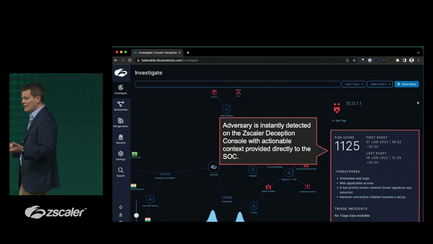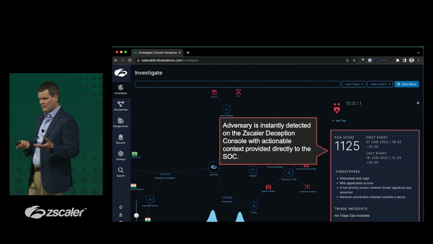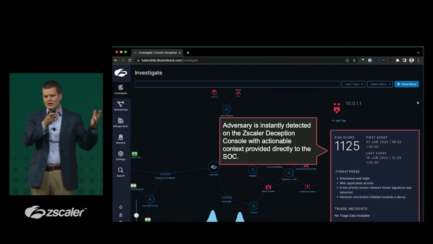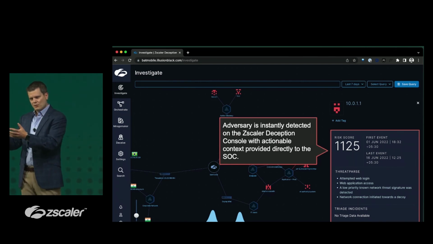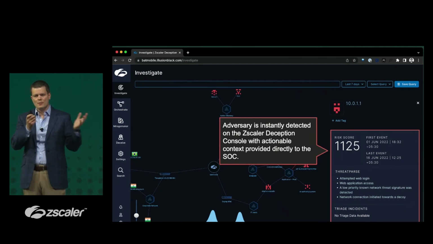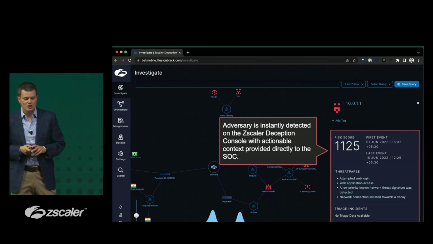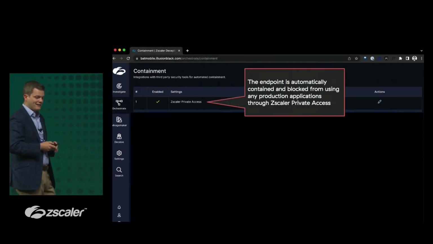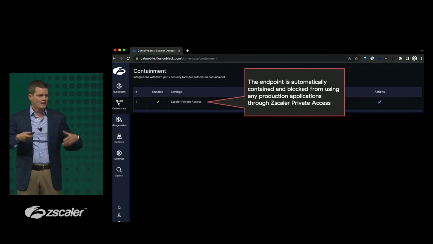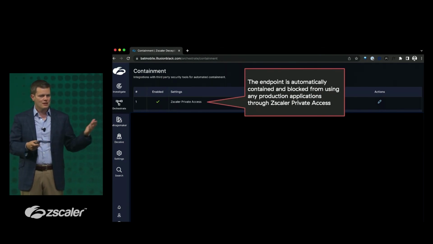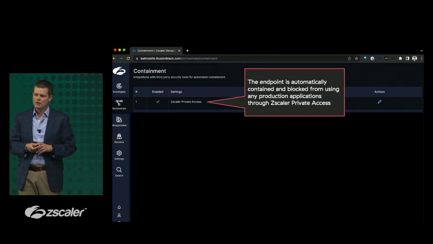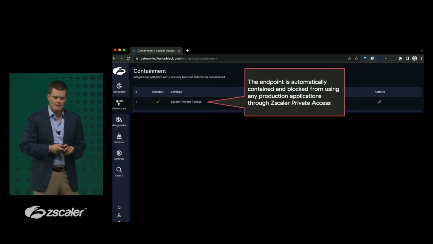And so what we think this provides is a way to not try to secure the network, but understand when the user is compromised, not provide a flood of events at your SOC team, but give them very actionable intelligence. And then lastly, contain the blast radius. This is directly integrated into ZPA, so if an attacker trips over this tripwire, you can cut off access and immediately stop the lateral spread event.